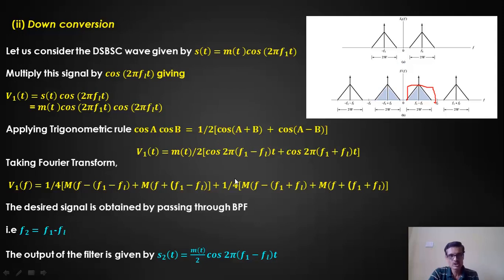Let me give you an example of where exactly down conversion is required. Down conversion is required in superheterodyne receivers, where we convert the RF, radio frequency, into the intermediate frequency. There we use this heterodyne operation, that is a mixer and a local oscillator, to down convert into the lower frequency, that is the intermediate frequency.